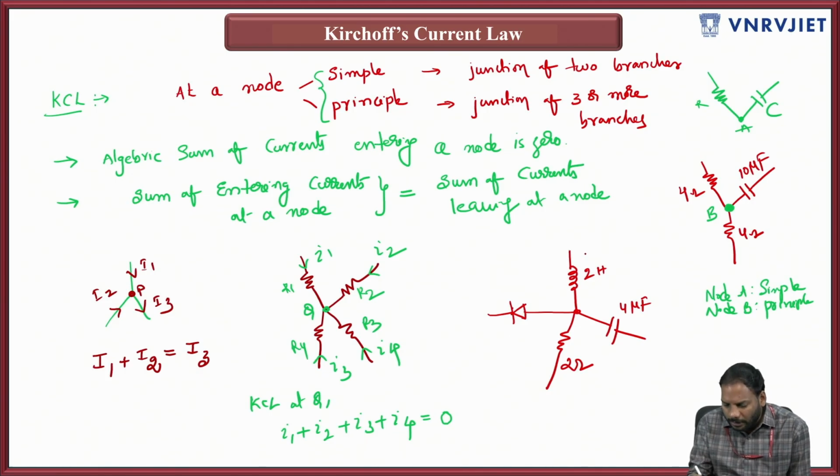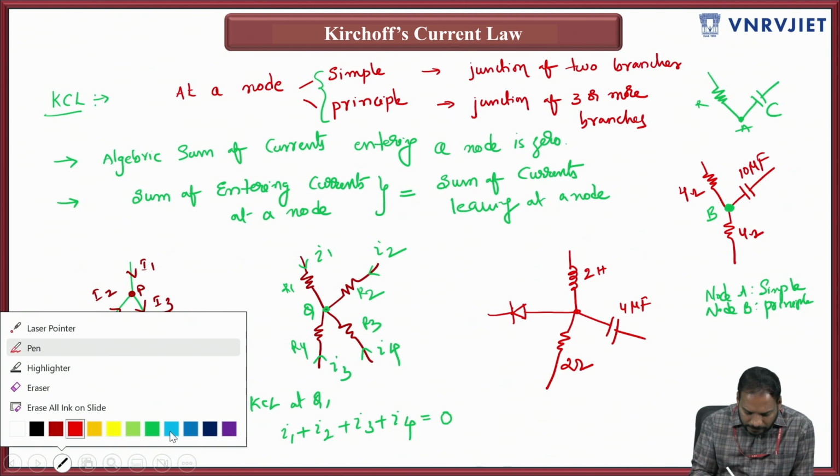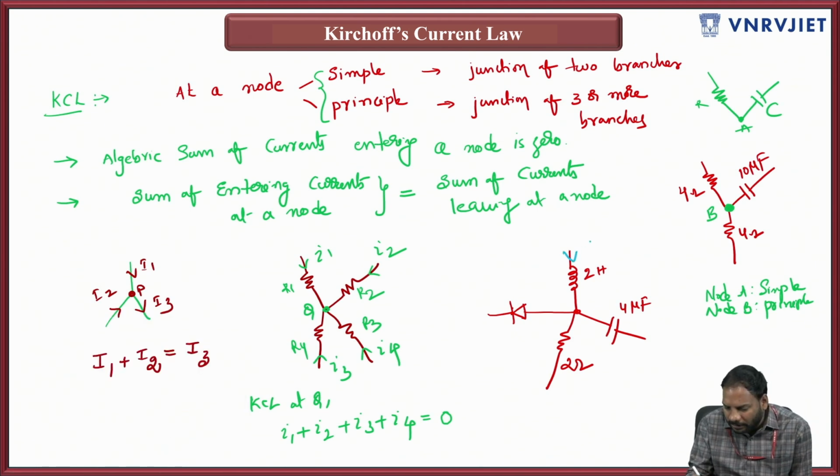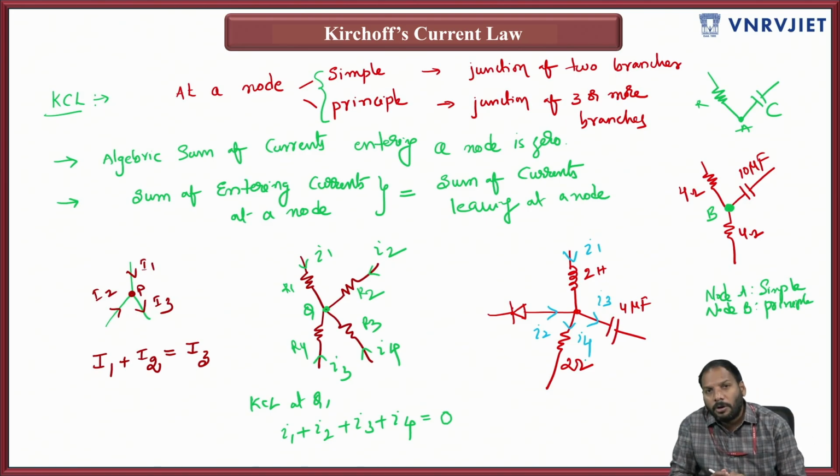Then I mark the currents in these branches like this: this is I1, this is I2, this is I3, and this is I4. Is it possible to apply KCL at this particular point?